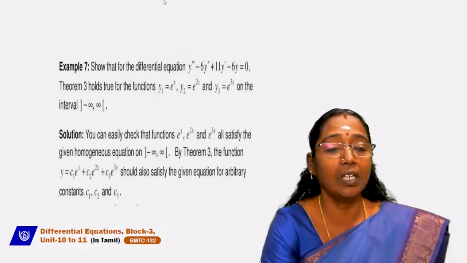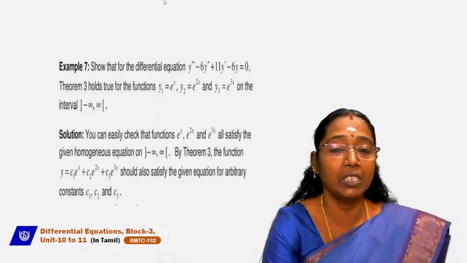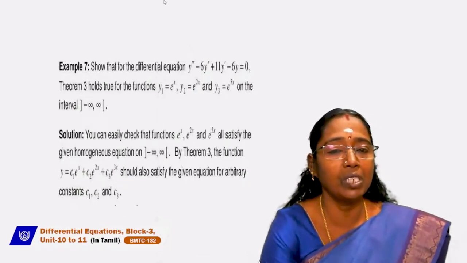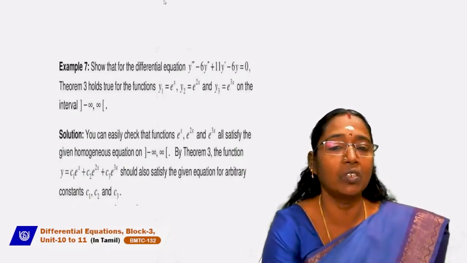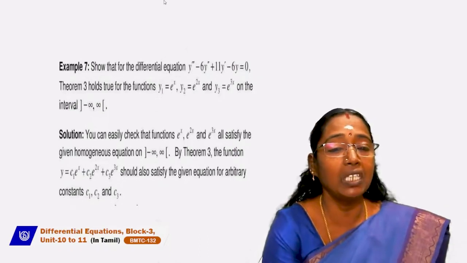So see here, I have another example, namely y triple dash minus 6y double dash plus 11y dash minus 6y equal to 0. Now in this section, mostly we insist on the point that if given individual functions are solutions of the given differential equation, then the corresponding linear combination is also a solution.